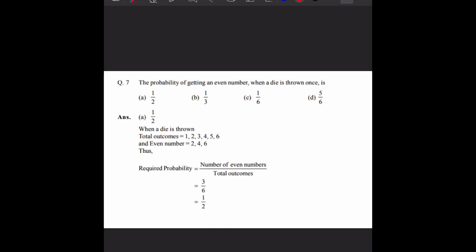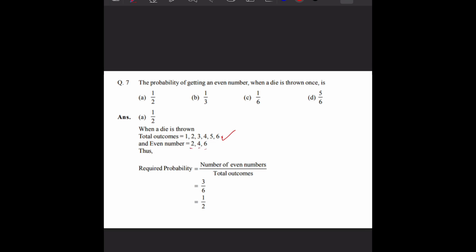The probability of getting an even number when the die is thrown once. If the die is thrown only once, how many total outcomes come? Total outcomes are 6: 1, 2, 3, 4, 5, 6. And what are the even numbers in these outcomes? 2, 4, 6.